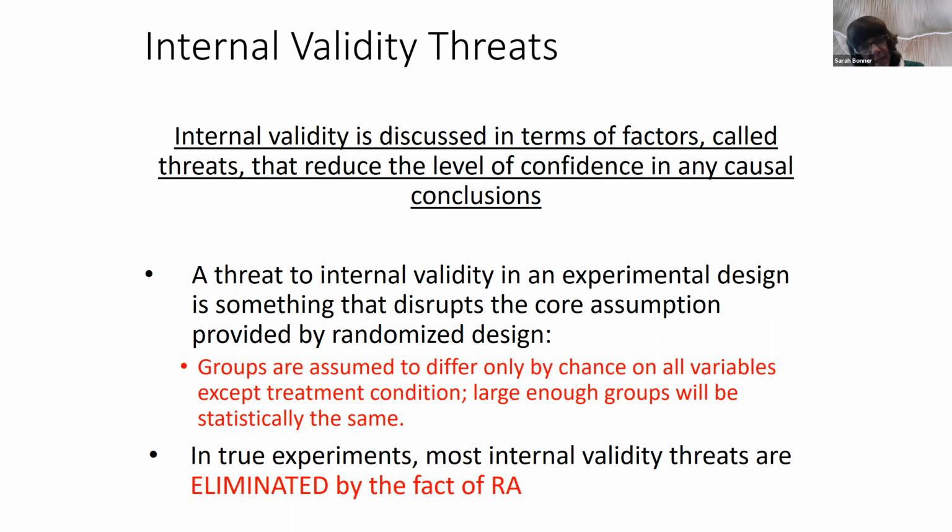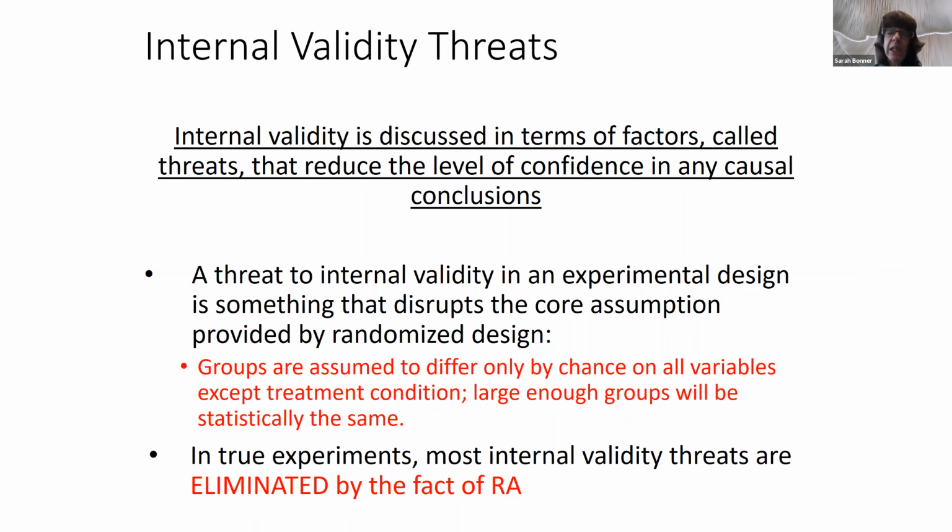And with random assignment, we assume that the groups will differ only by chance. Statistically, because of the distribution of standard errors, if you have a large group, then your standard errors are going to be small, and chance will play a small part in any differences between the groups.